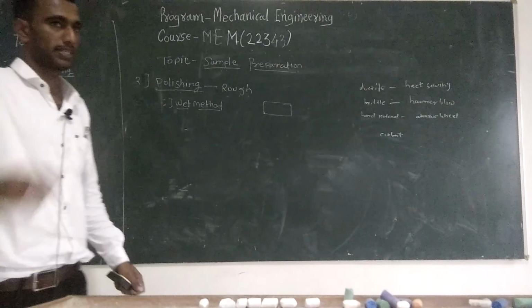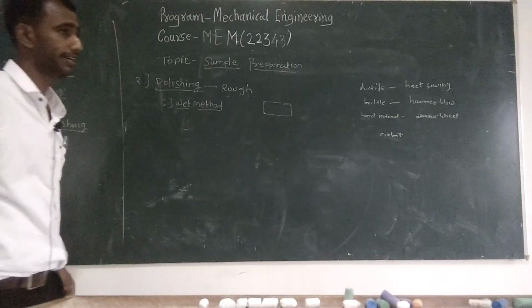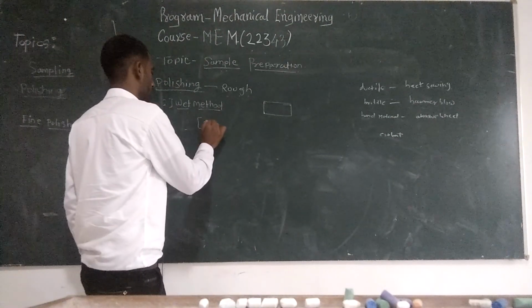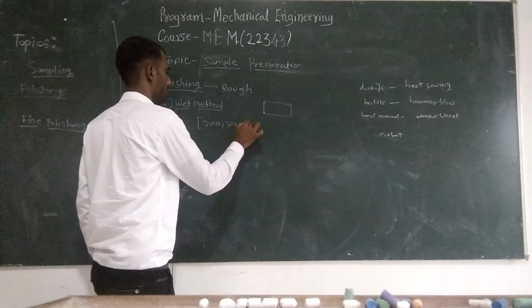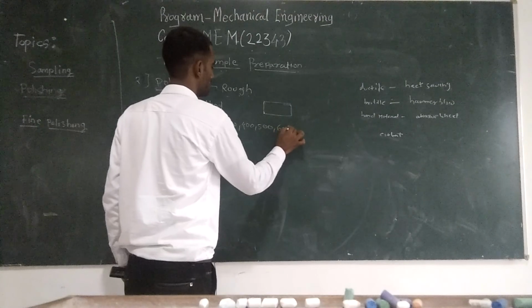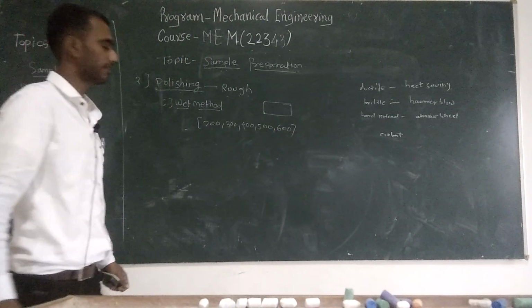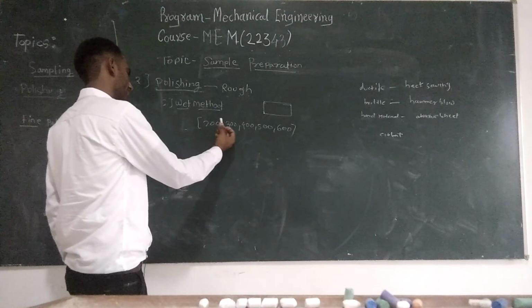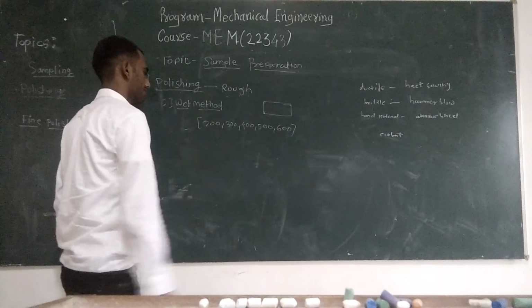In the wet method, generally we use emery paper having grades 200, 300, 400, 500 and 600.